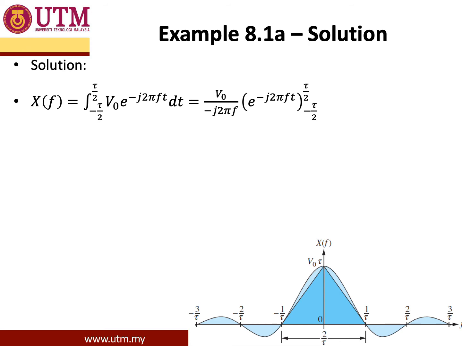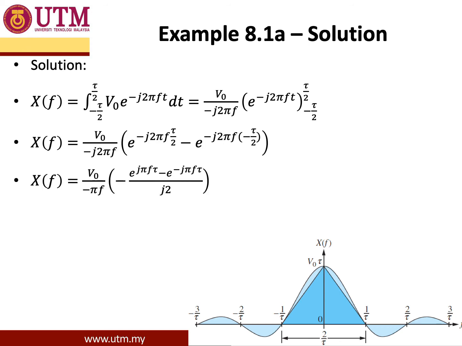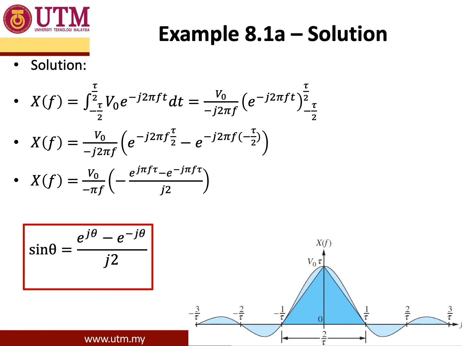And when we do the integral, we have X(f) equal V naught over minus j 2 pi f times exponential e minus j 2 pi f tau over 2 minus e minus j 2 pi f times minus tau over 2. And when we rewrite the equation, we have as shown in the third line.